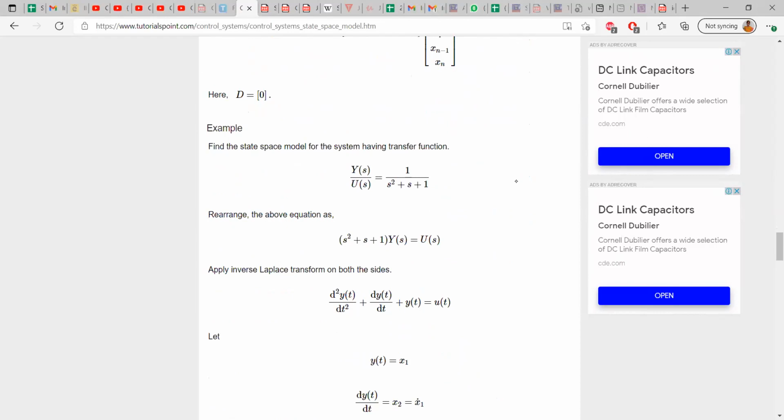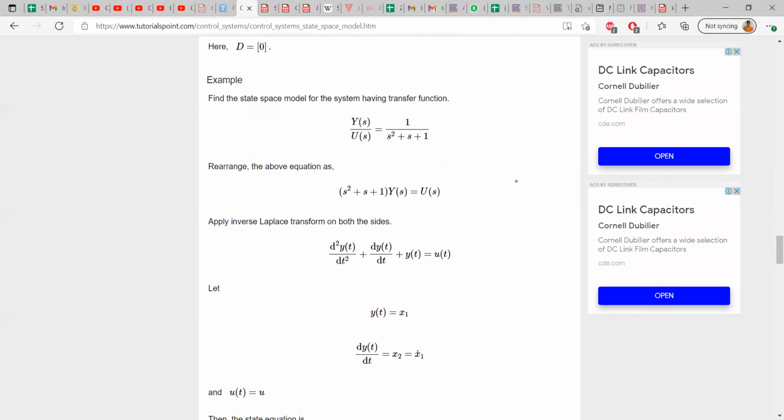So this is a transfer function. First, do the cross multiplication. Next, apply inverse Laplace.